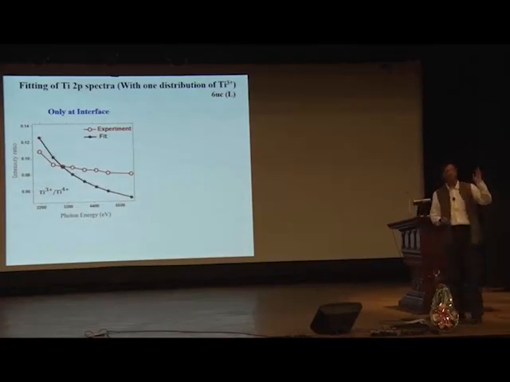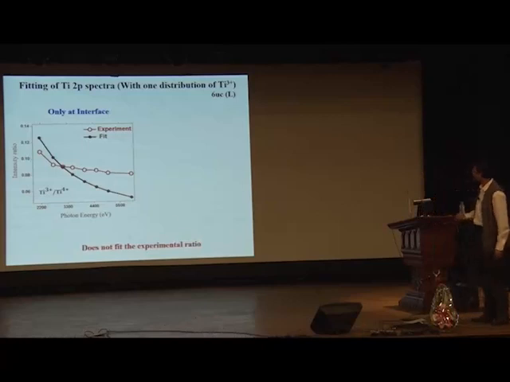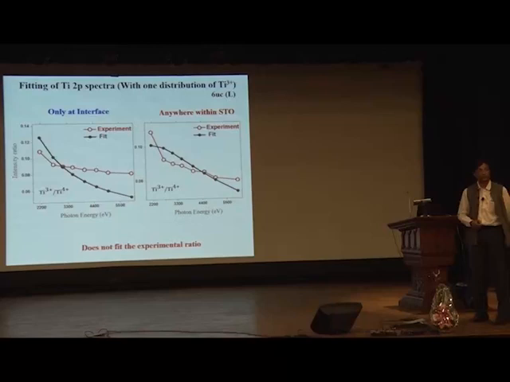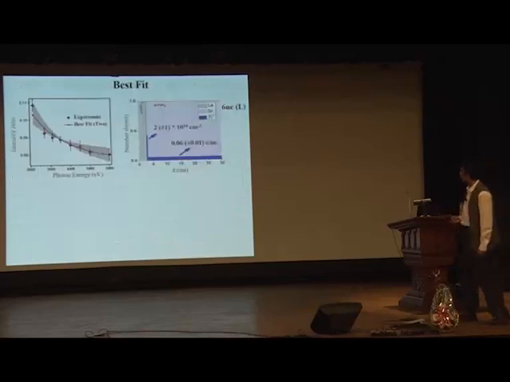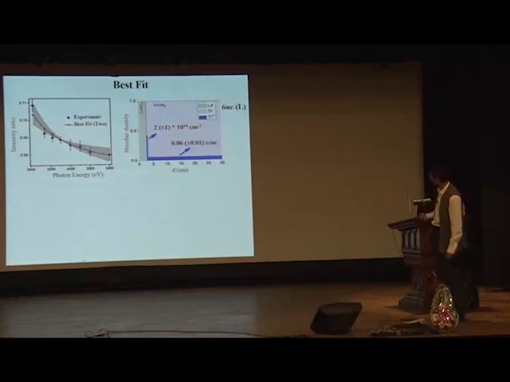I then say, okay, remove that constraint, let it move and not be at the interface. And when we do that, the best fit is this one, which also is not satisfactory, which tells me that I need a minimum of 2 different charge distributions independently optimized, and then the picture emerges: you get a very good description and a very surprising distribution of charge carriers.